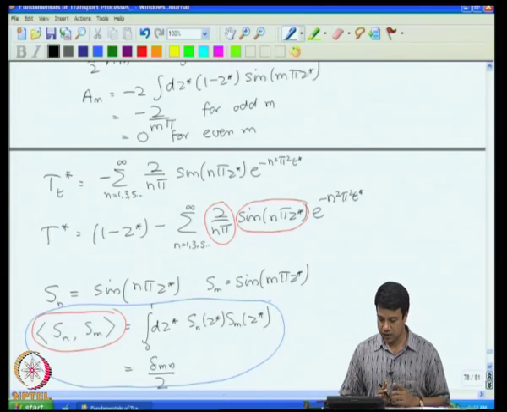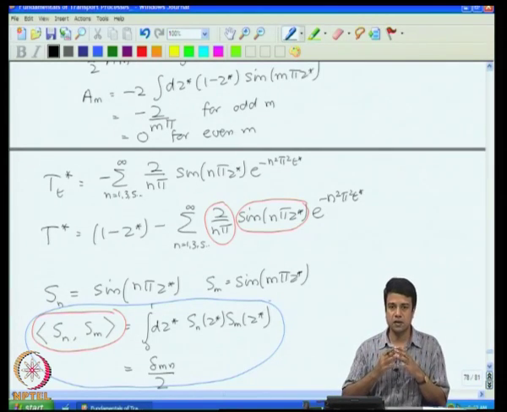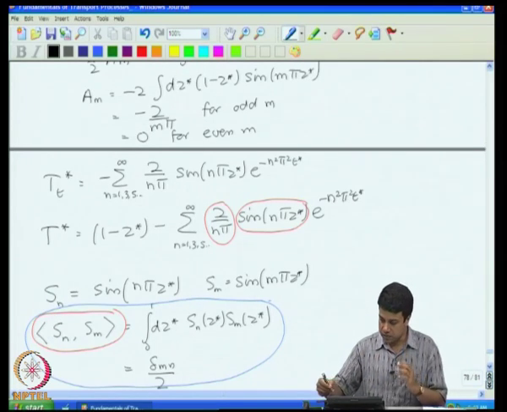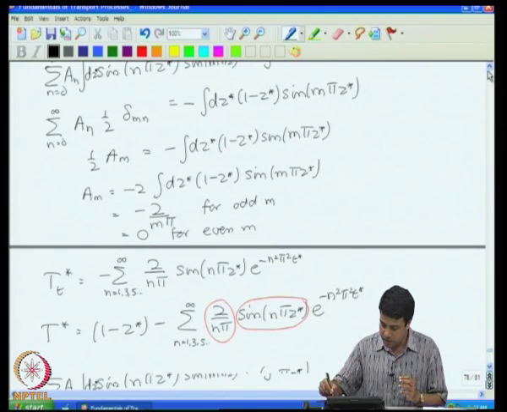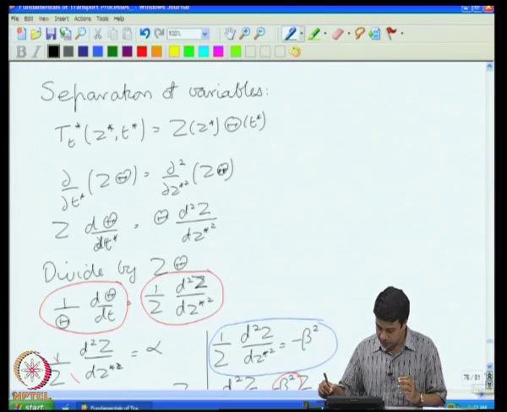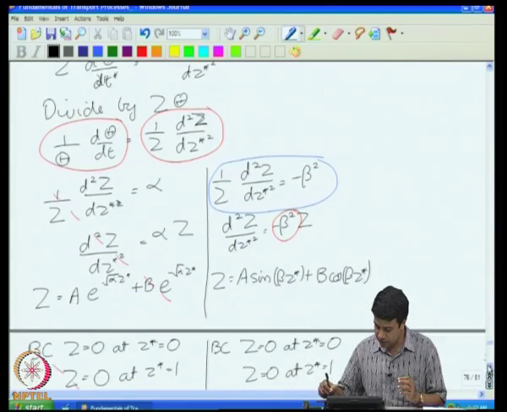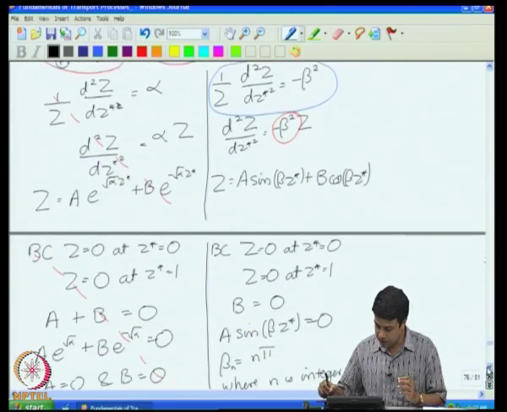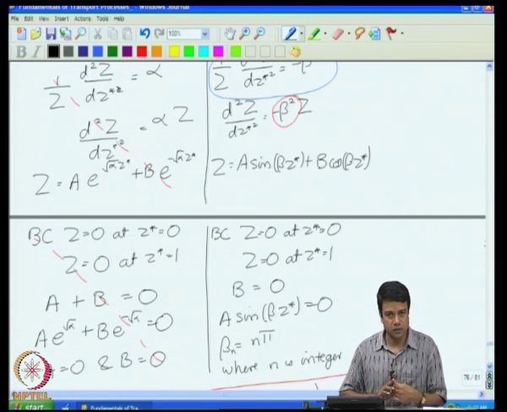Important points to note: at the beginning, I said that I require homogeneous boundary conditions in the z direction. The reason is because it is only with these homogeneous boundary conditions that I managed to get a discrete set of values of beta which satisfied this equation. It was only because I had homogeneous boundary conditions on both boundaries that beta was equal to n pi.